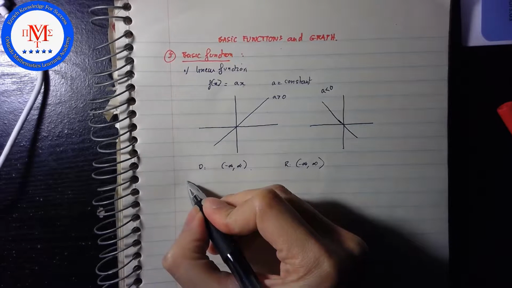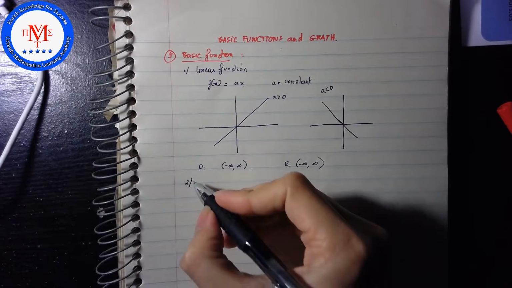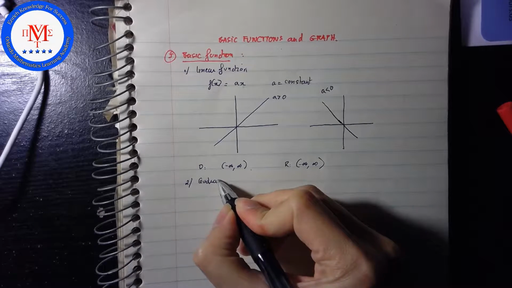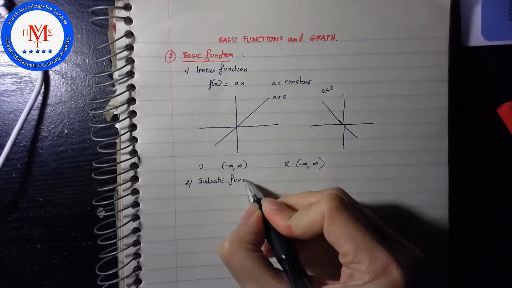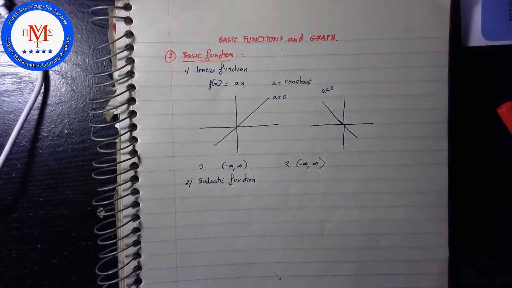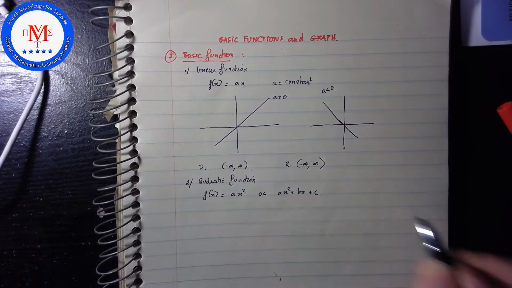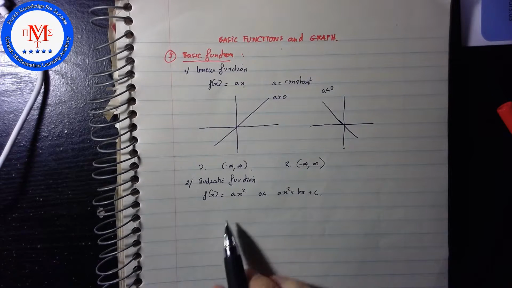The second function is the quadratic function. The quadratic function has general form f(x) = ax squared, or sometimes we have ax squared plus bx plus c. I will tell you the difference between ax squared and ax squared plus bx plus c.